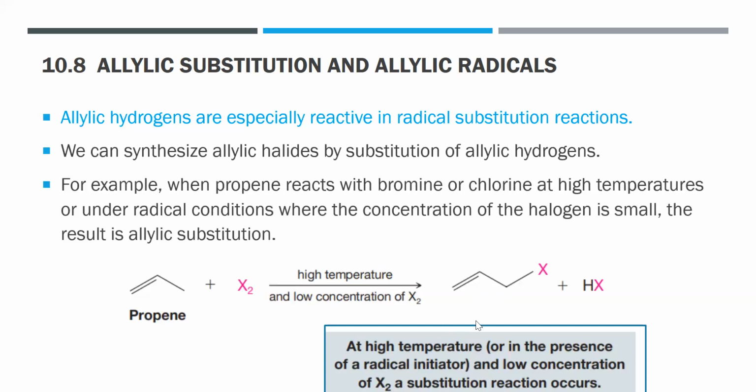And so here we have a substitution reaction at the allylic position with our radicals at high temperature or in the presence of radical initiator and low concentration of our halogens. What we actually obtain is a substitution reaction.